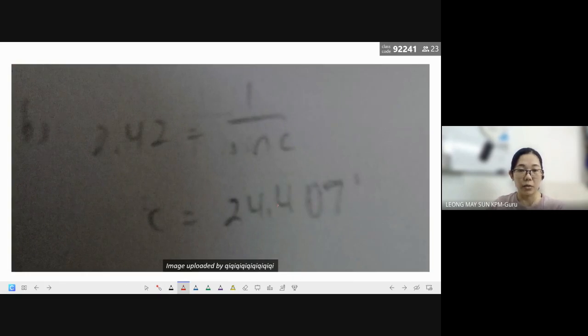So this one, I tengah fikir sama ada saya nak bagi markah ke tidak. If I'm strict, I'm not going to give the marks. I'm only going to give the marks for here. But if I'm being lenient, I will give this mark also. Why? Because, as you guys know, I would always prefer you to write the formula out.